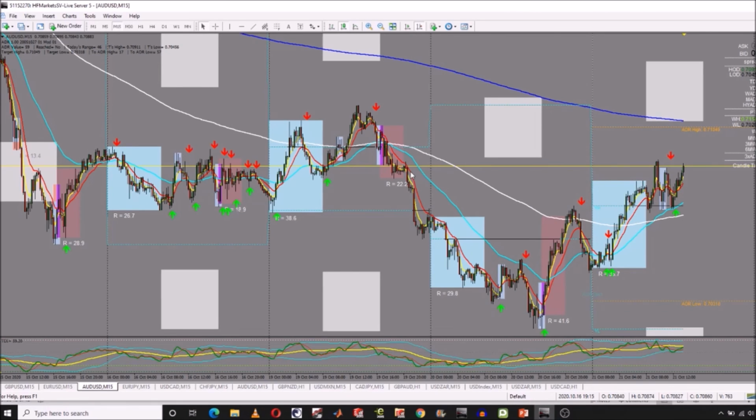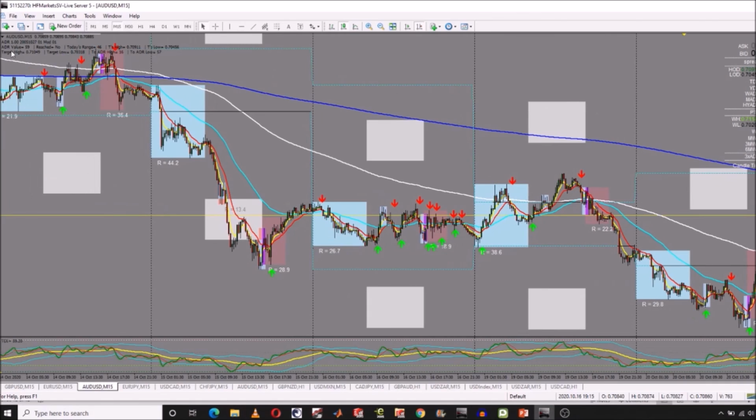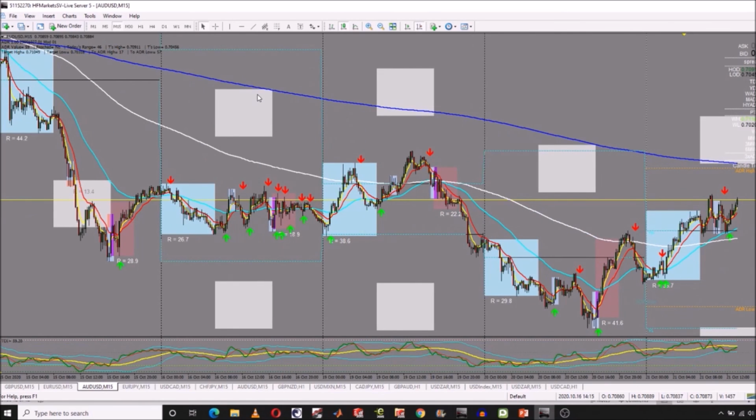So here we also have readings, but they are not so necessary. The only necessary reading that is of fundamental use is the ADR value. ADR stands for average daily range, which is 59. It actually gives us an idea of how many pips this pair is moving per day.